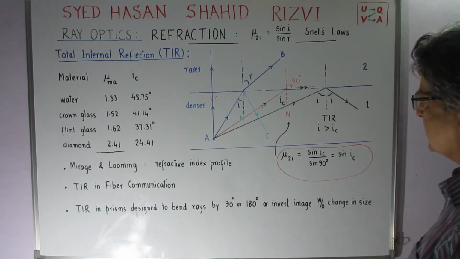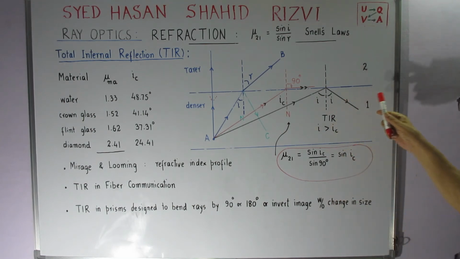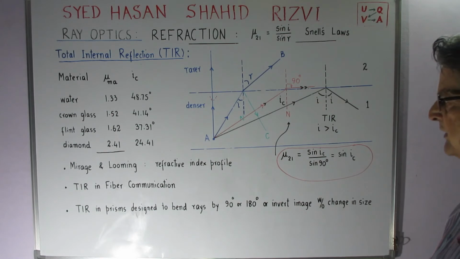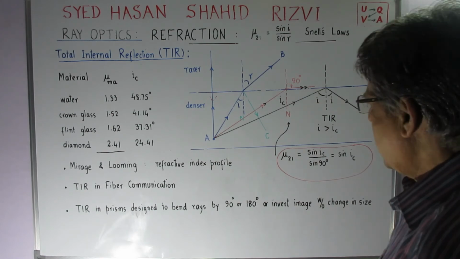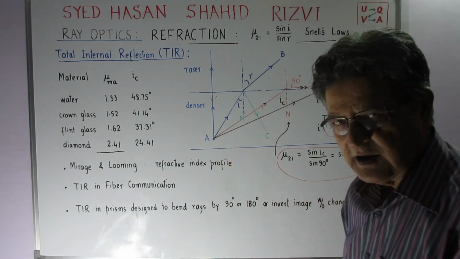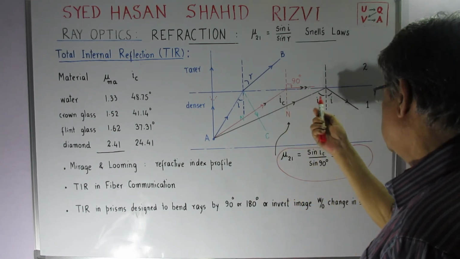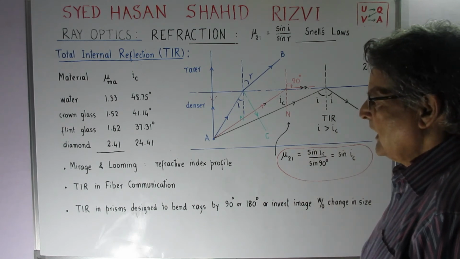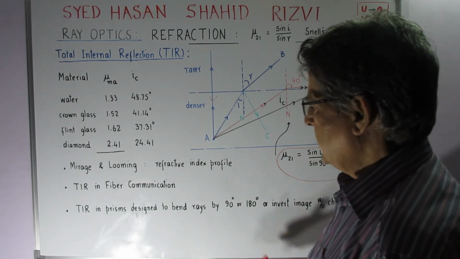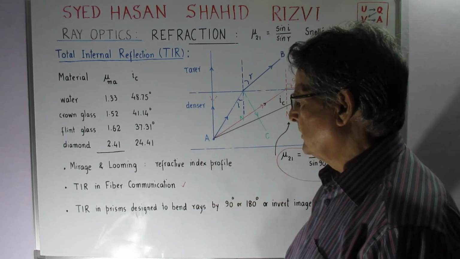You can see that if this denser medium body is very long, then a similar thing will happen at this edge, and then again at this edge, and again, and the ray of light which carries information about the point A will carry on through the process of internal reflection. This is exactly what happens in fiber optical communication.